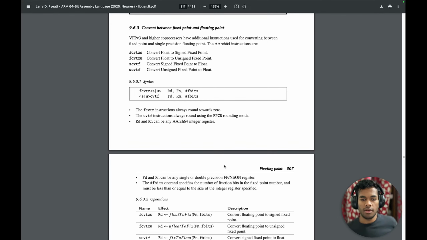And then I have hash F bits, which is the offset. Why do I need an offset? Operand. It specifies the number of fraction bits in the fixed point number and must be less than or equal to the size of the integer register specified. That makes sense.